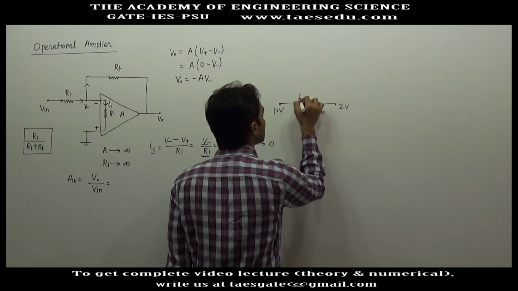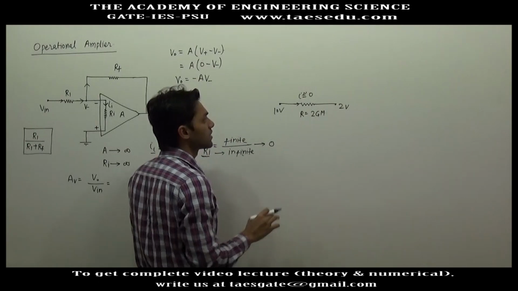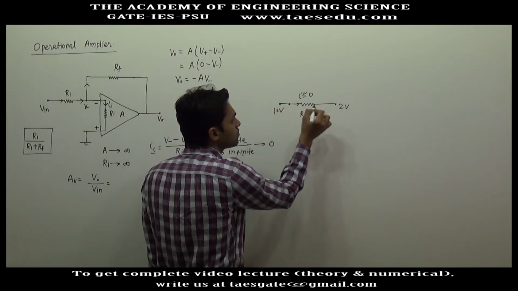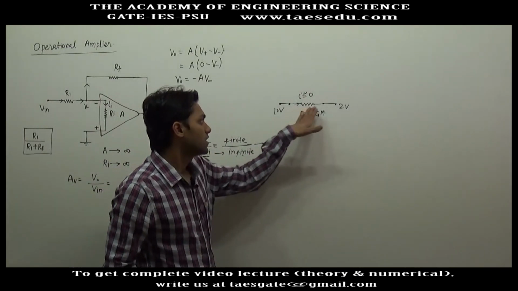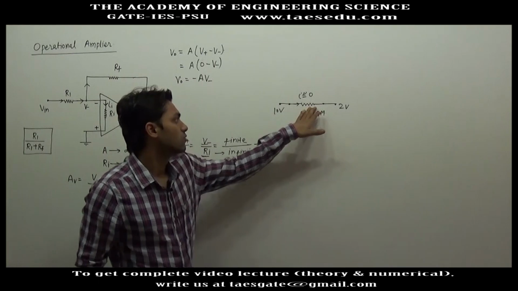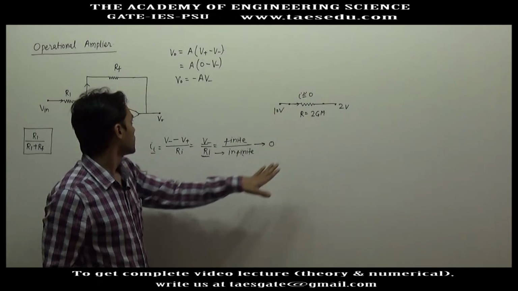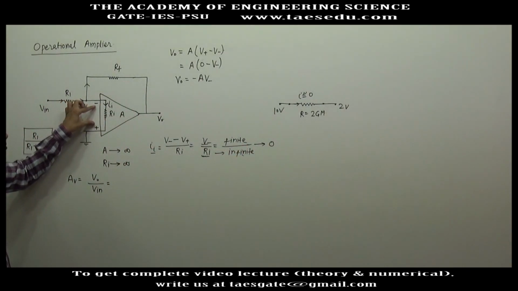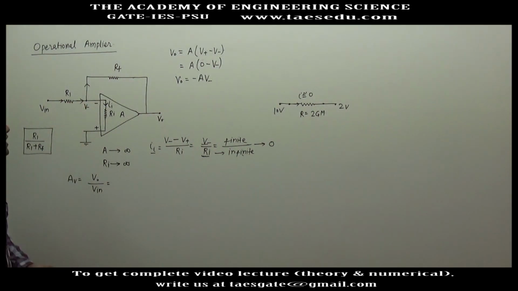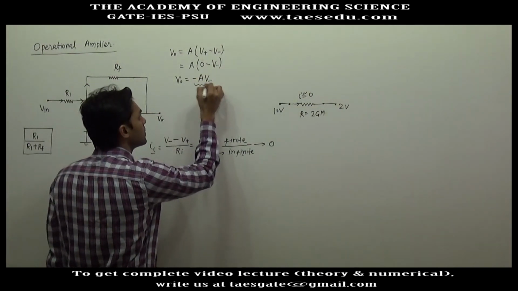So the current will be approximately 0. Now if the current is 0, can you say that the two voltages will be the same? No. Here we still have a potential difference of 8 volt, but current is 0 because resistance is very high. In a similar way, if current is 0 here, we cannot say these two potentials will be the same. So for now we cannot say V minus is also 0. We will assume it as V minus only.